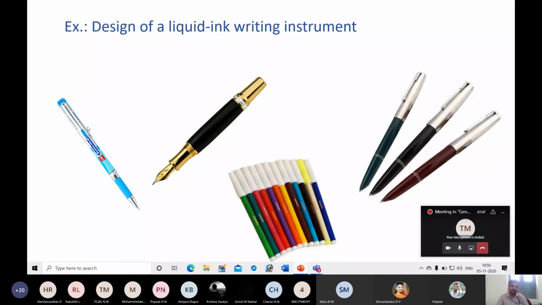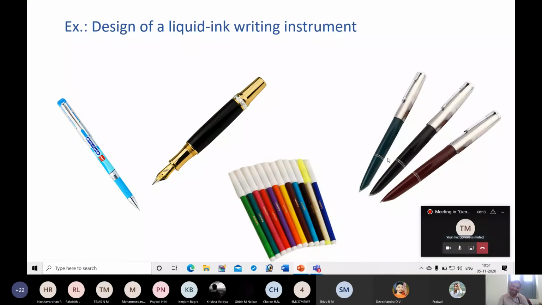What do we call this pen? This is a ball pen. This is an ink pen or fountain pen. These are sketch pens. This is an ink pen.